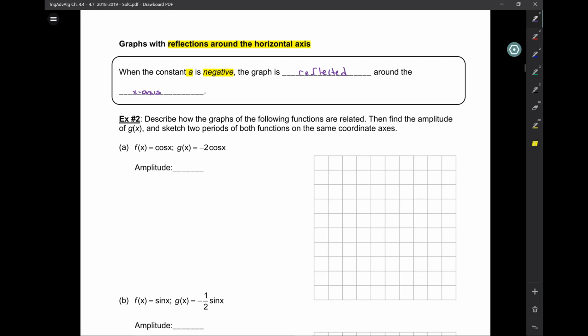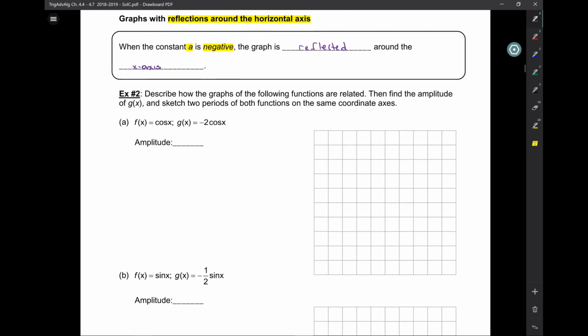Now, we're going to graph cosine here. All right, x-axis. I'll put y-axis here. Cosine goes from 0 to 2 pi, so we'll make this 0. 1, 2, 3, 4. Pi in the middle. Pi over 2. 3 pi over 2.